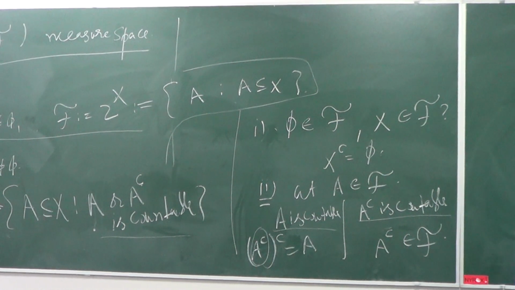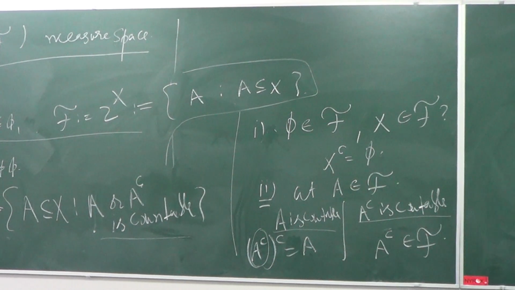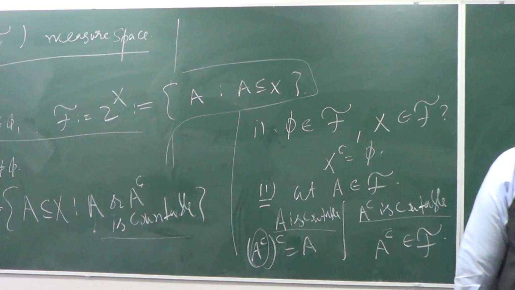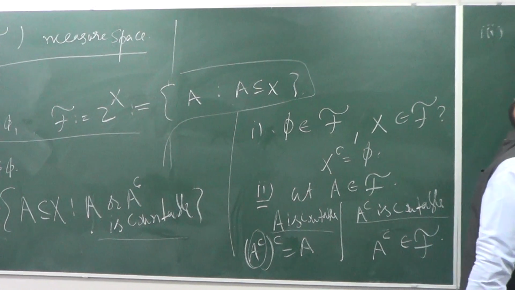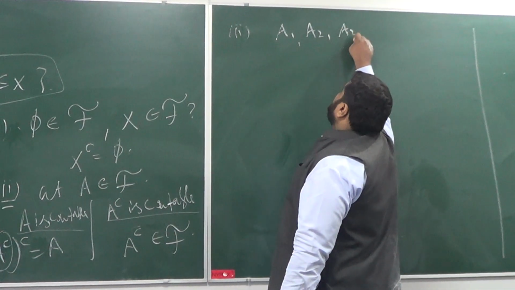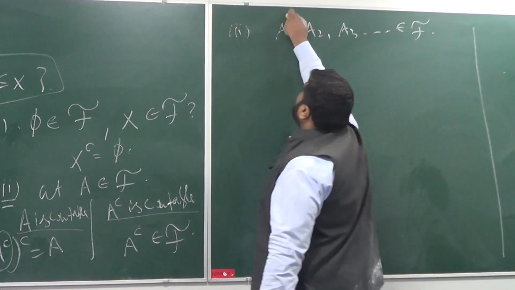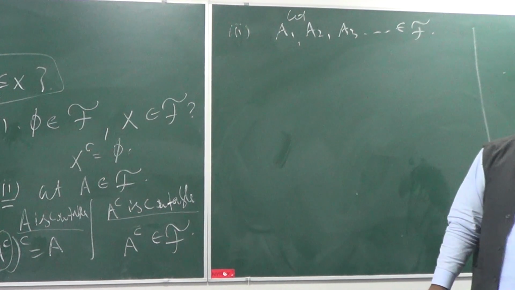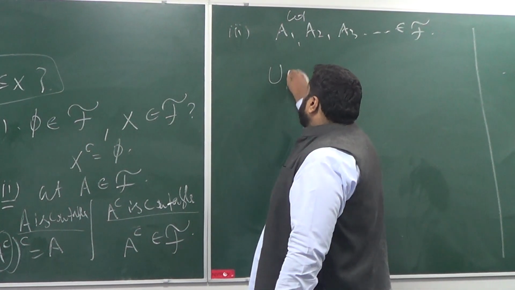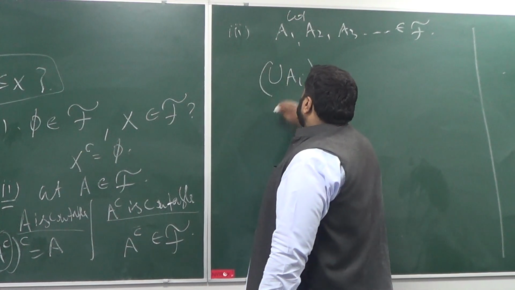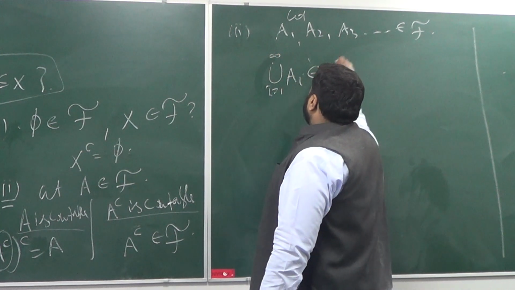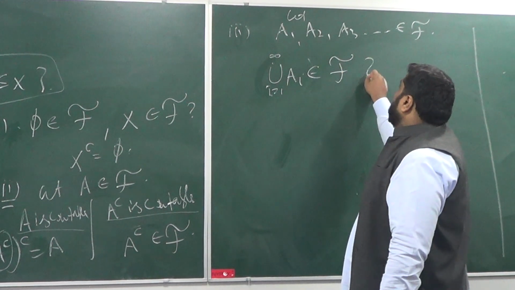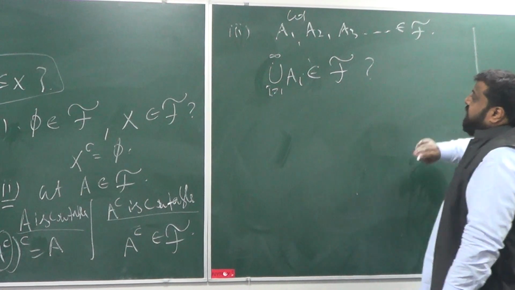What will be the next thing? The next thing is to take a countable number of sets from F, and our claim is to show the union of all these sets also belongs to F. This is what we would like to show.